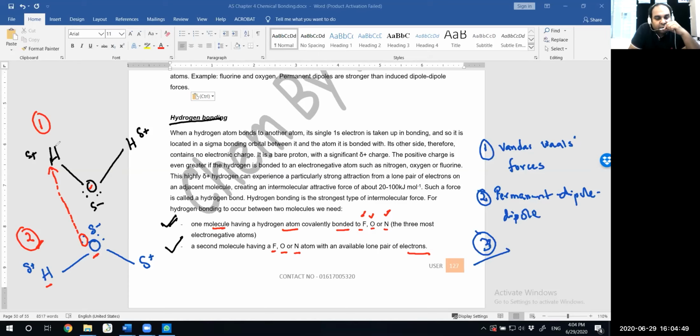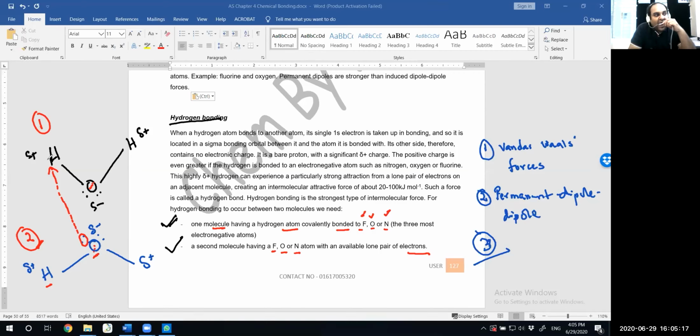One, hydrogen has to be bonded to either fluorine or oxygen or nitrogen. And in molecule number 2, there has to be a fluorine or an oxygen or a nitrogen which can donate a pair of electrons.